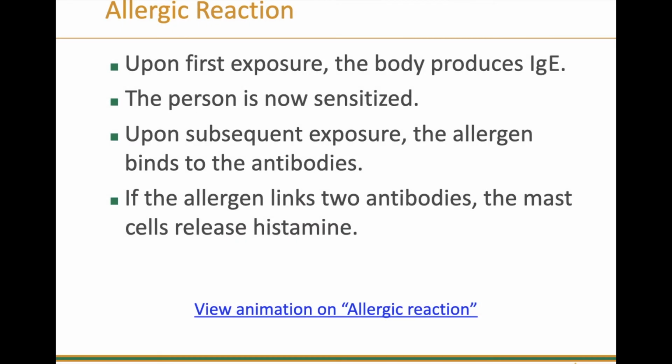Alright, so upon first exposure to an allergen, you produce the IgE antibodies, and now you're sensitized to it. A hypersensitivity or allergic reaction is an inappropriate or excessive response of the immune system. So this is when your immune system responds to something in the environment that most people can tolerate.